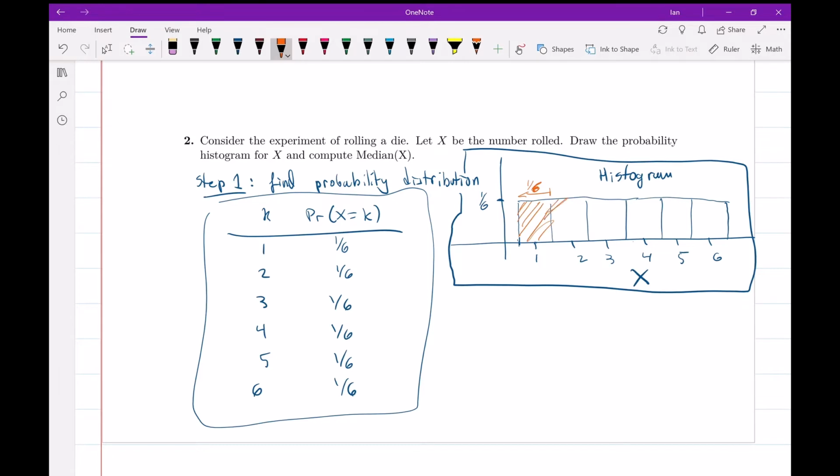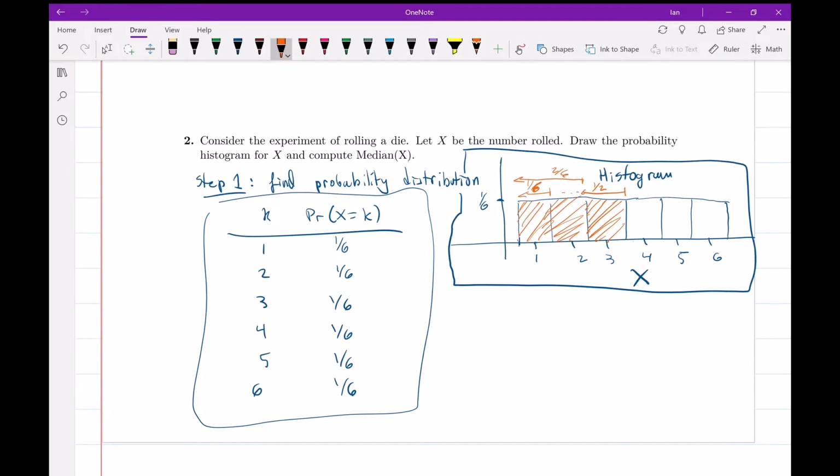We add the next one, we get 2/6, which is a third, obviously. Then we add the next one. We get 1/2 exactly. So we hit 1/2 exactly.